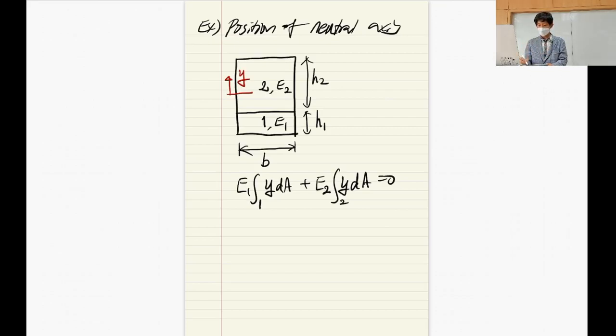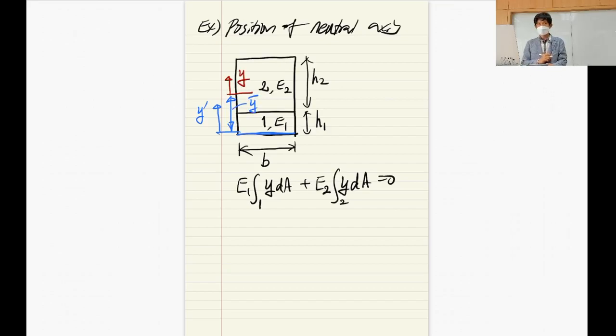That's the problem. That's why I want to introduce the coordinate Y prime. I already know the reference point, so I want to consider this bottom surface, Y prime, and then the distance to the neutral axis position, which I call Y bar.